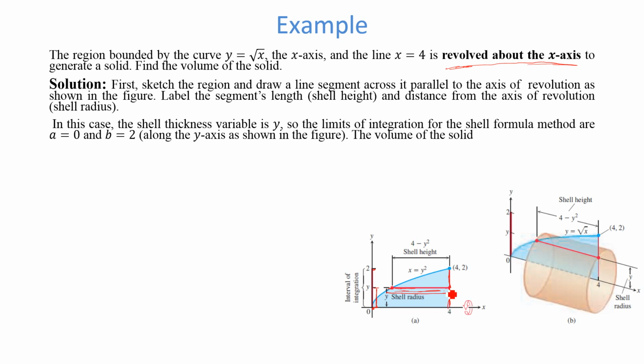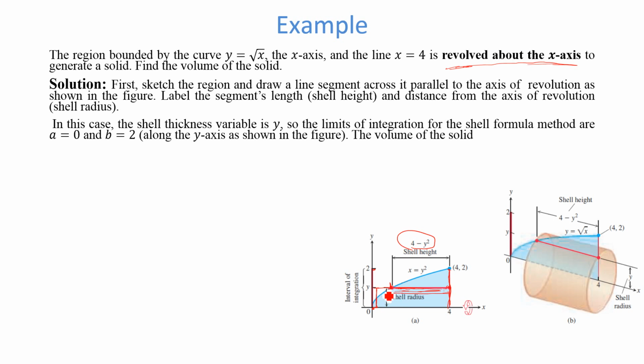Okay. So what is the height, or length, of this rectangle? This is going to be 4, x is equal to 4, and at any point on this curve x is equal to y square. So this is going to be 4 minus y square, right? The total length is 4. We have to subtract this to obtain this length. So what is this?